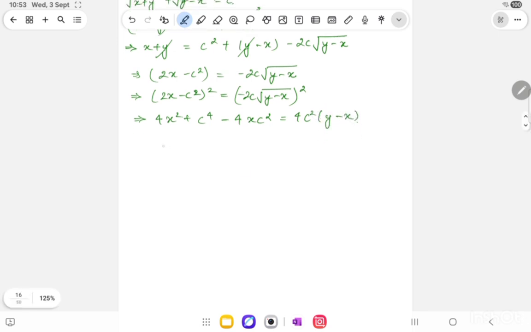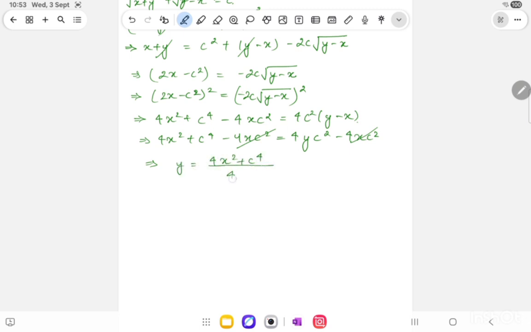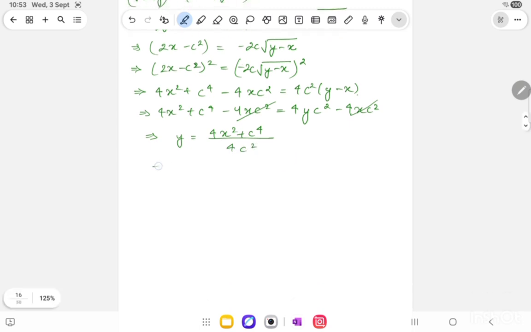So if I simplify it, I'll be getting 4x square plus c raised 4 minus 4x c square is equal to 4y c square minus 4x c square. This term balances out this one. So from here I got my y as 4x square plus c raised 4 divided by 4c square, and this thing is equal to y equals x square by c square plus c square by 4.